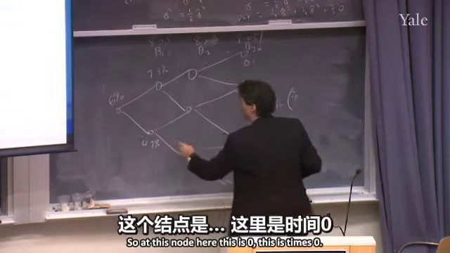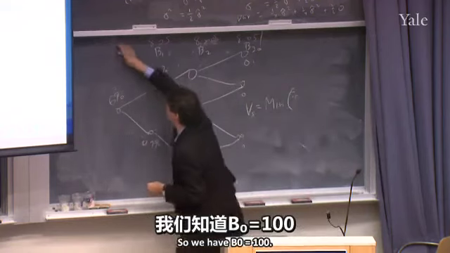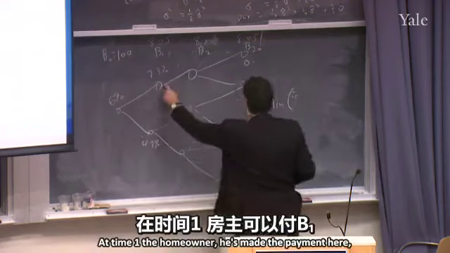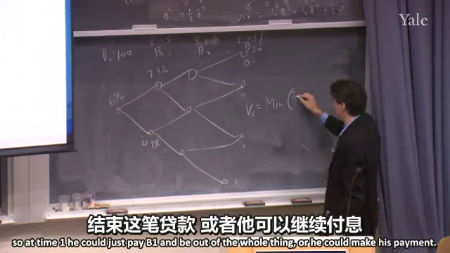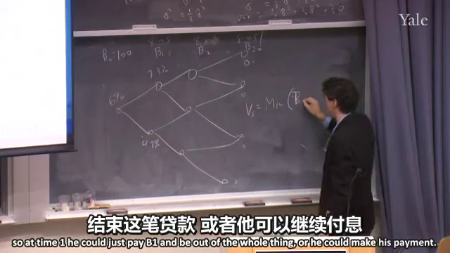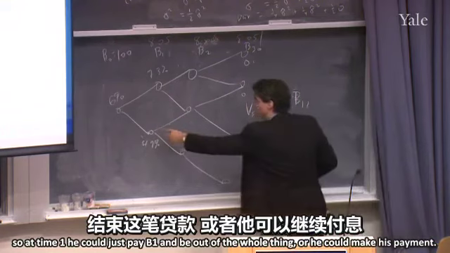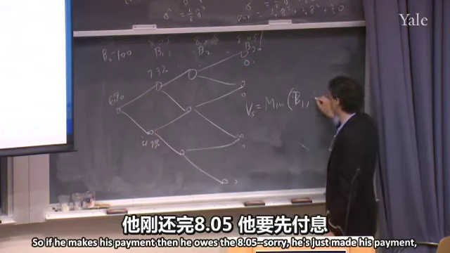So we have B0 equals 100. At time 1, the homeowner has made the payment here. So at time 1, he could just pay B1 and be out of the whole thing. Or he could make his payment.